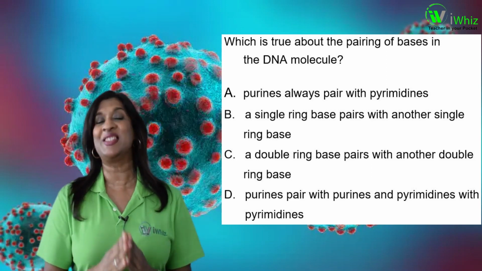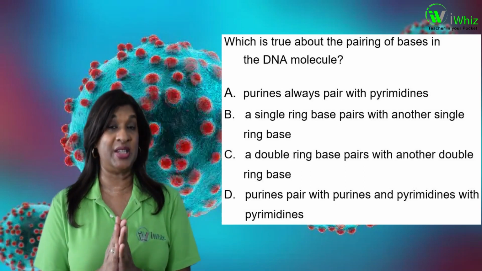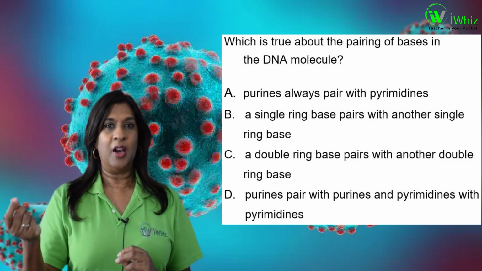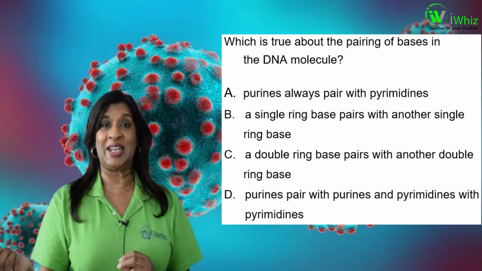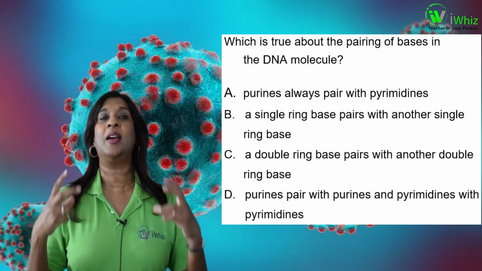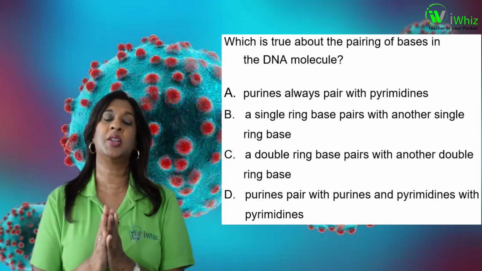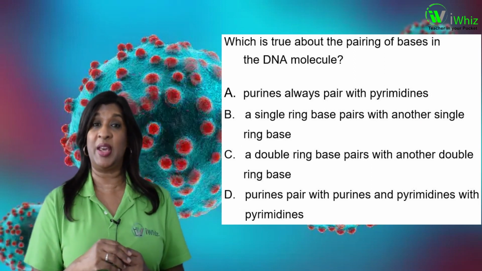Now students, to answer this question, you need to know what's a purine and what is a pyrimidine, right? So remember the purine, the examples of purines rather are adenine and guanine, right? They are large, they are made up of 2 rings in their structure. Your pyrimidines are the smaller bases.